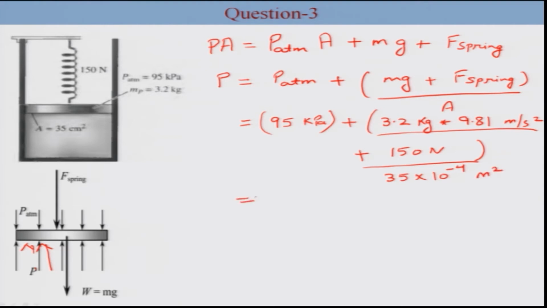Simplifying this, if we convert the units of the second term to kilopascal, we get 147 kilopascal, because 1 kilopascal is equal to 1000 Newton per meter square. So, this gives the pressure inside the cylinder to be 147 kilopascal.